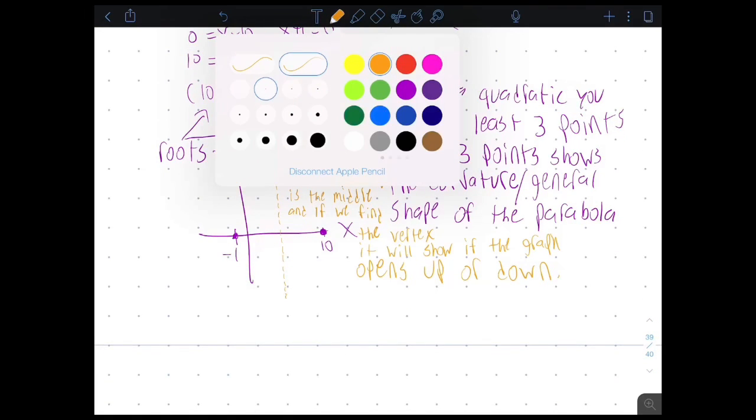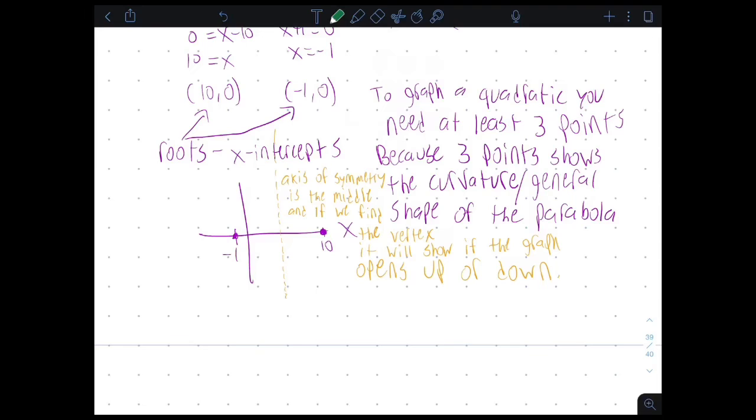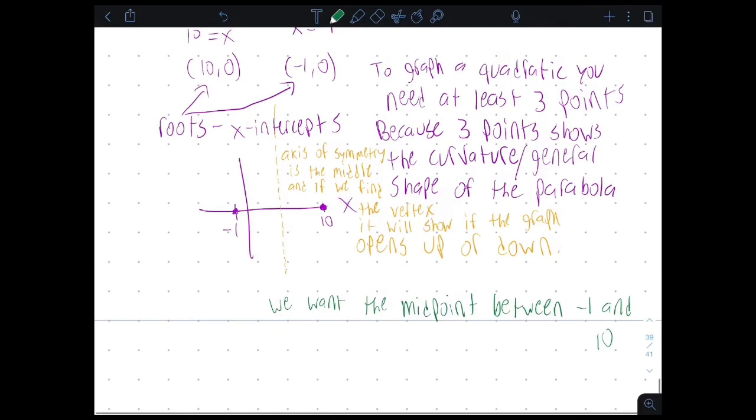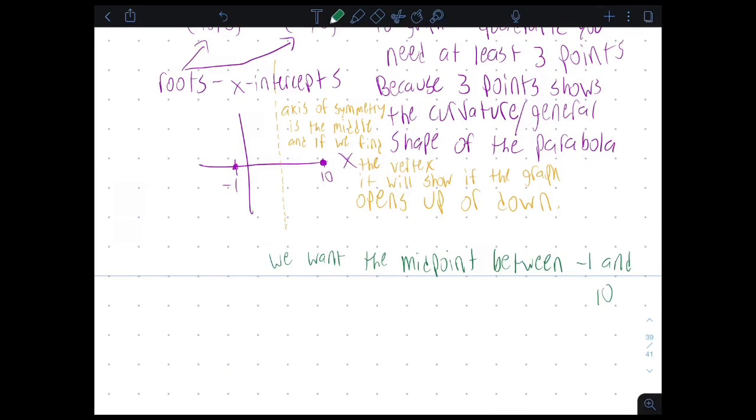So in my key for the worksheet from a few days ago, we found the midpoint between -1 and 10. To get the midpoint, you want to find exactly what's in the middle of -1 and 10.